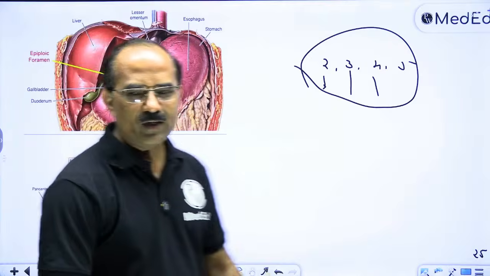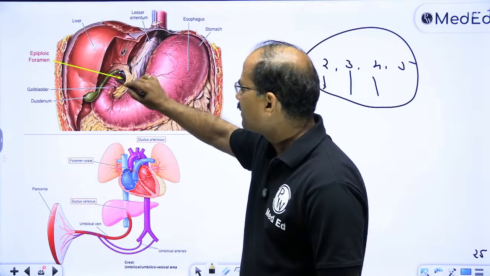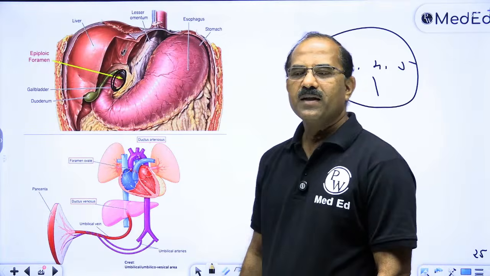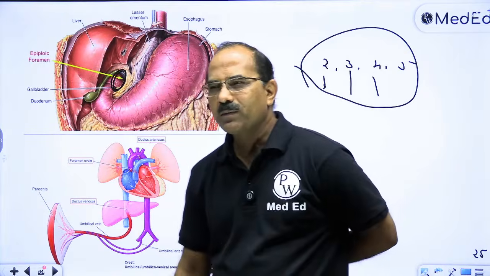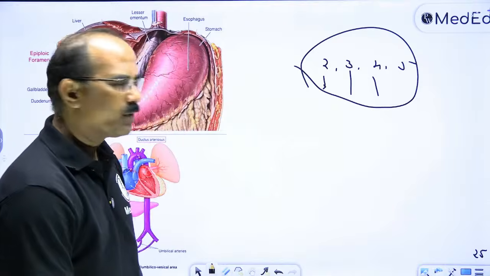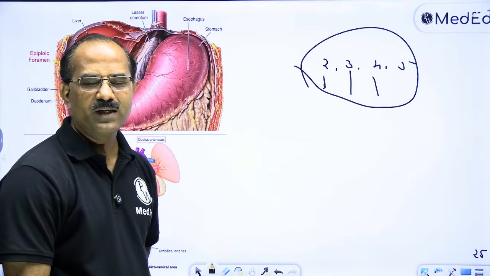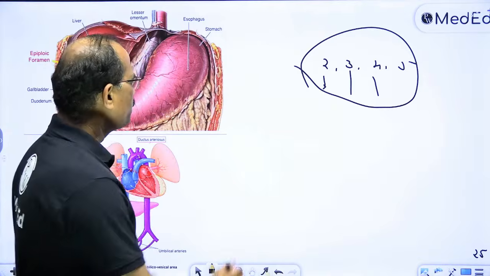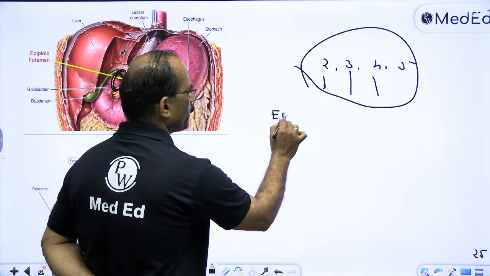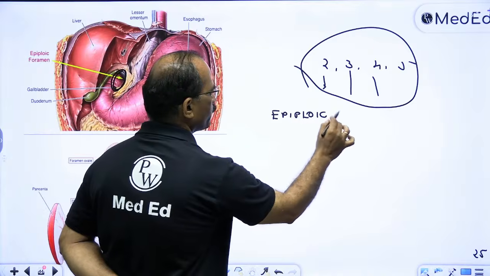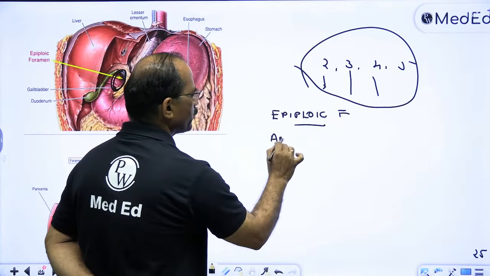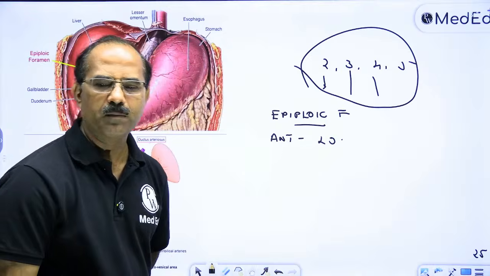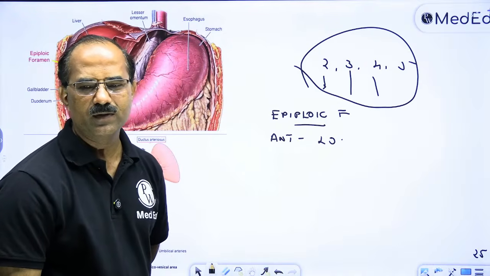Okay, students, can anyone tell me what this foramen is? That's the epiploic foramen. Can you tell me the boundaries of the epiploic foramen? Anterior is the lesser omentum containing hepatic artery, portal vein, bile duct.